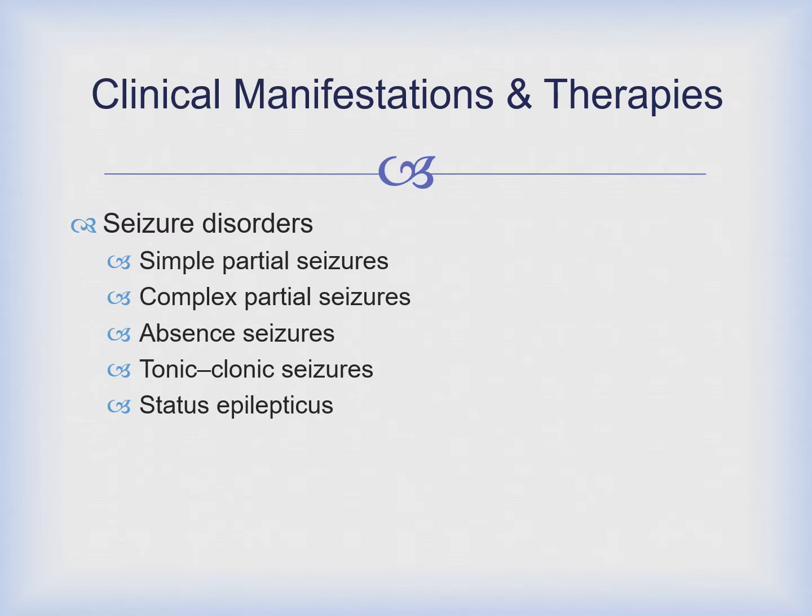With absent seizures, they do have a level of consciousness impairment, of course, and all of a sudden they just stop doing all their motor activity, and they appear to be just kind of staring off or daydreaming. Lots of times in children, in classroom settings, the teacher will think that they're daydreaming or just kind of zoned out, but it could be actually seizure activity.